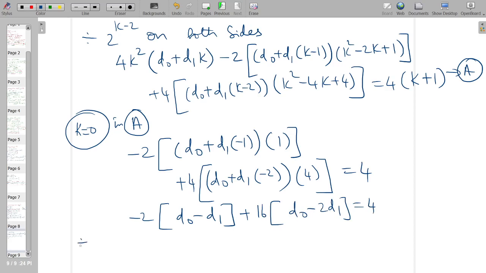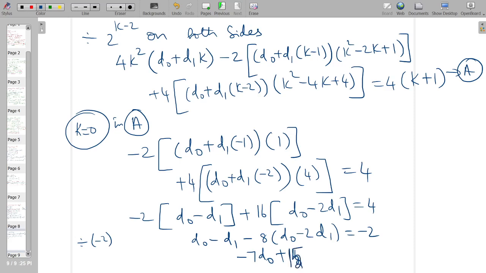I will divide it with minus 2. So I will have d naught minus d1, minus 8 into d naught minus 2 d1, equal to minus 2. So d naught minus 8 d naught would give you minus 7 d naught, minus d1 plus 16 d1 gives plus 15 d1.